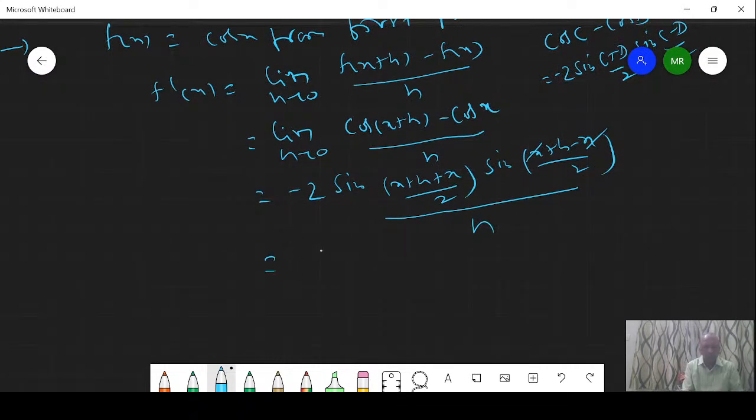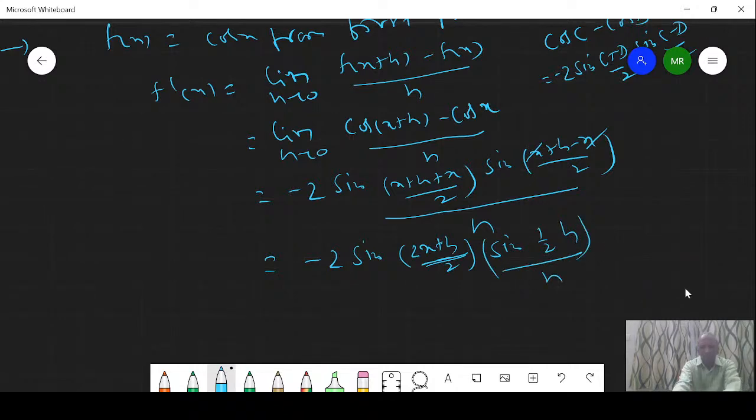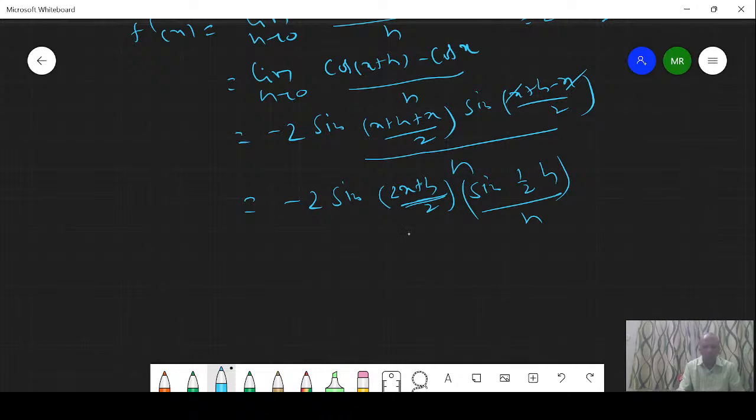Now I can write this as minus 2 sin((2x+h)/2), and this one is sin(h/2), which is 1 by 2 into h by h. If I apply the limit, product of the two functions, minus 2 sin, apply the limit (2x+0)/2, because I should continue the limit h tends to 0.